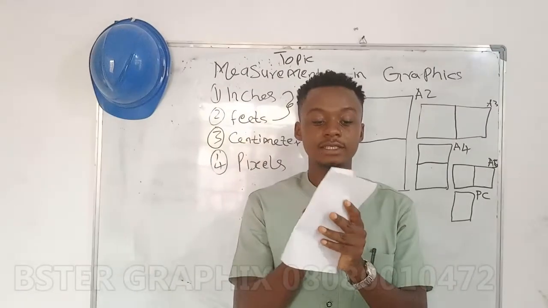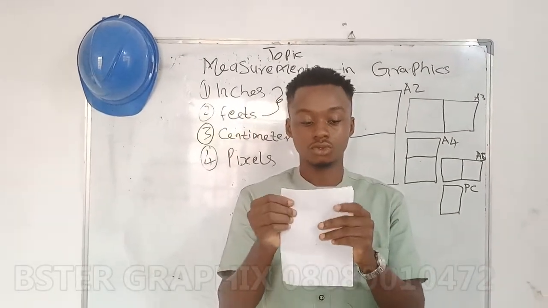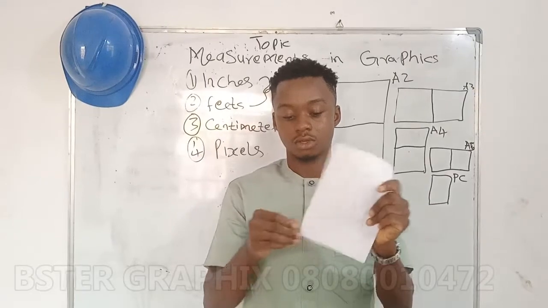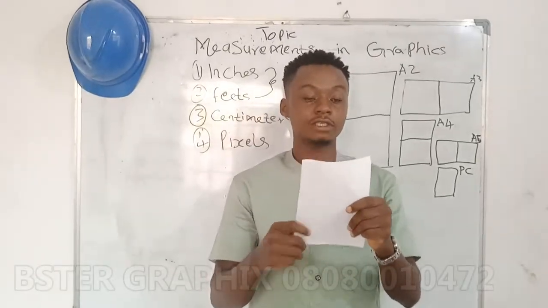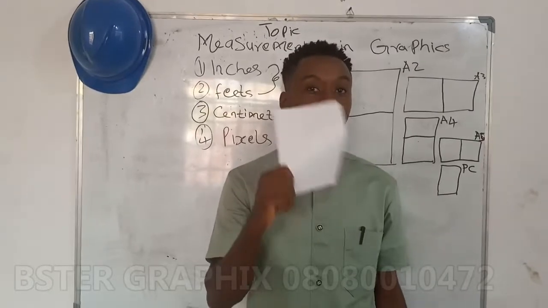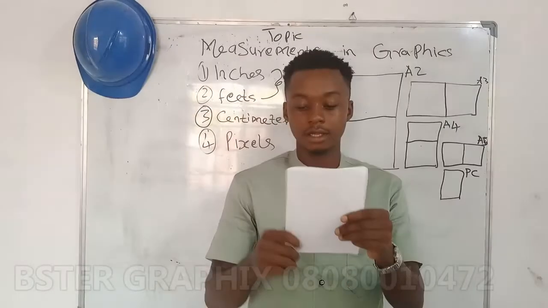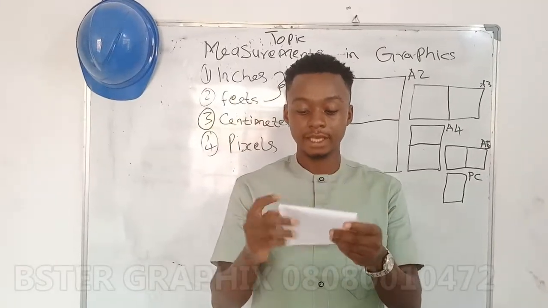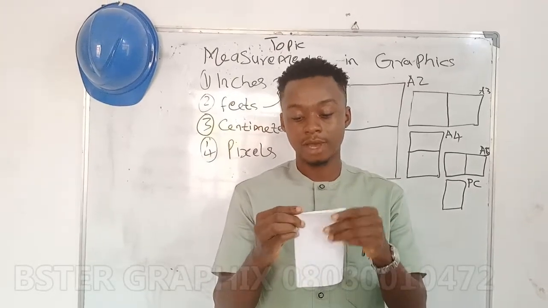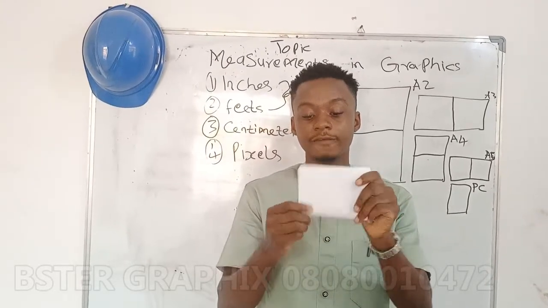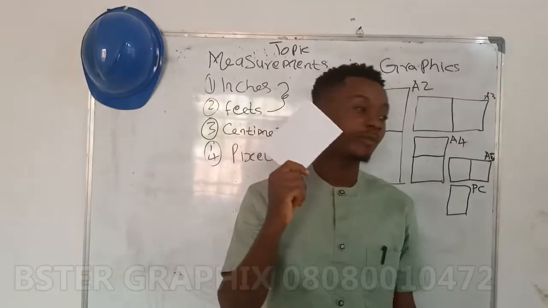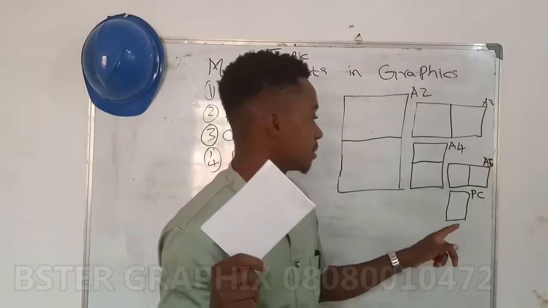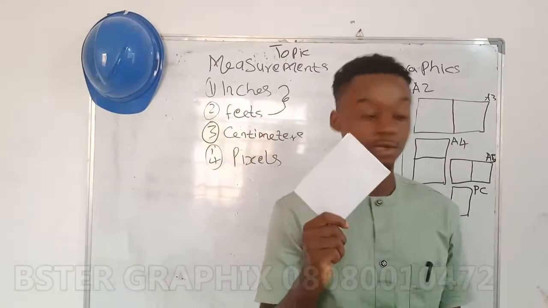So if I cut this A4 into 2, I'll have a single one like this, which is A5. Then if I divide this A5 again, I will get what? Postcard, which is this one. So have you seen what I just showed you on the board now?